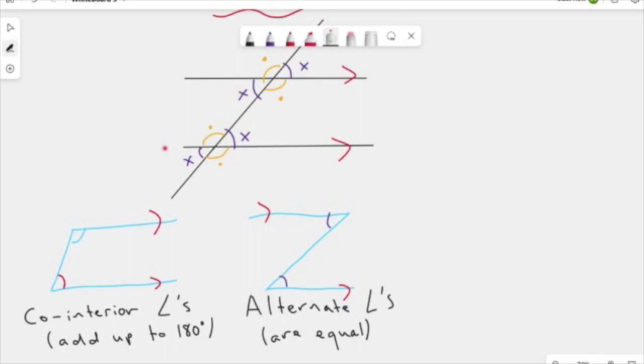Now, let's look at another example that we see. Well, okay, this angle and say this angle, they skip this one and go here, and they're equal too. So let's draw another little snapshot here.